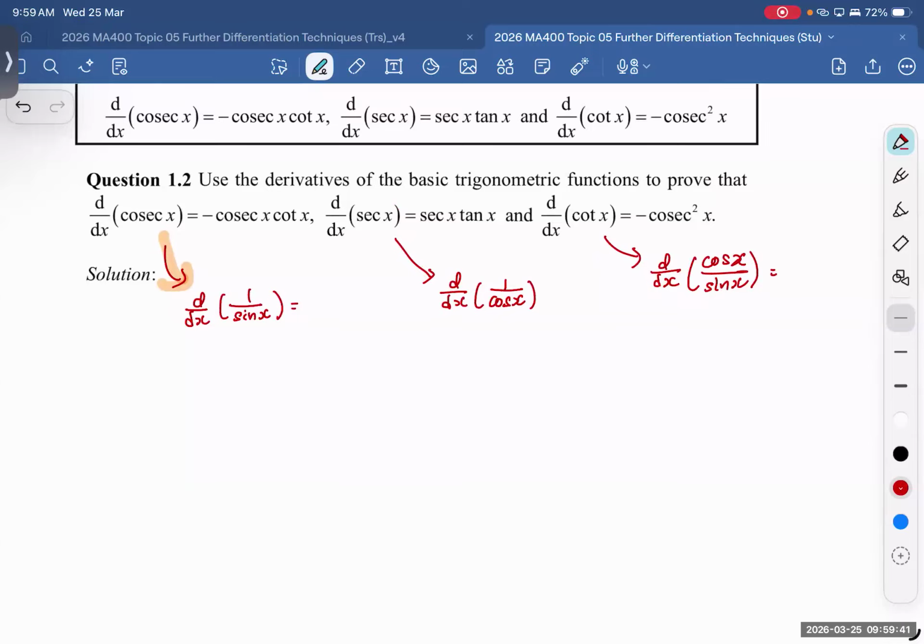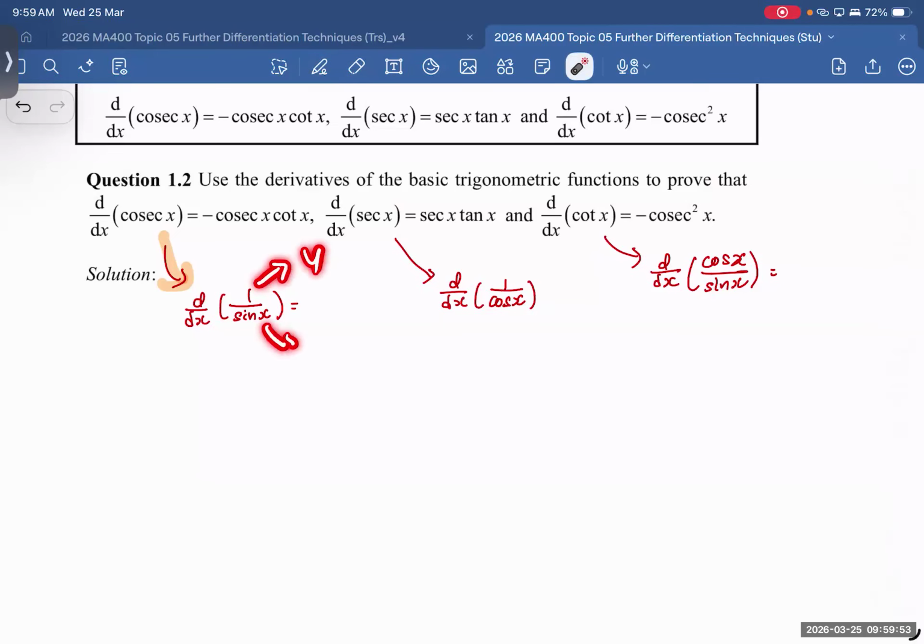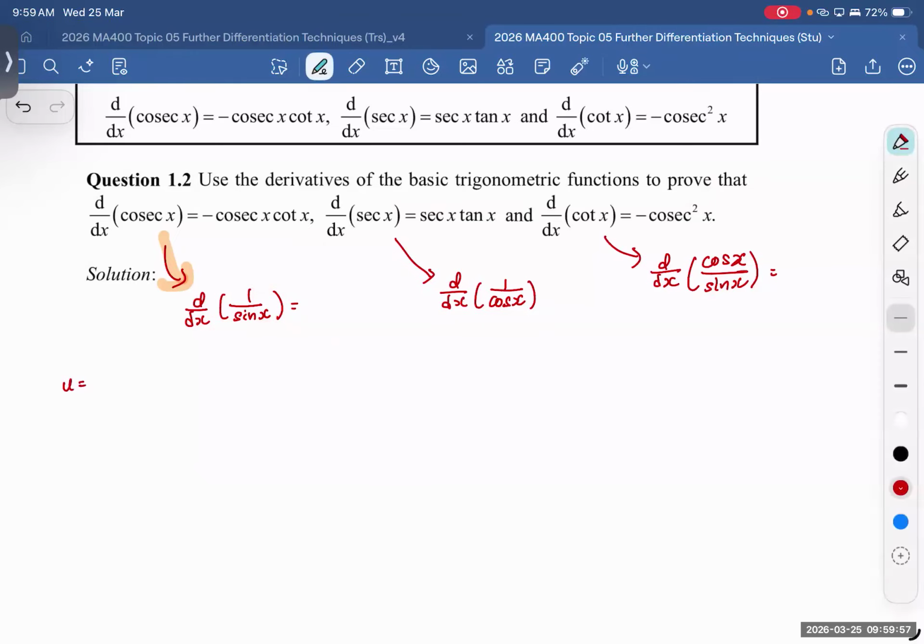No. Let me show you the first one. Okay, so first one. Just think of this as u and think of this as v. If you write u here as 1, v as sine x, you will know that u prime will be 0, v prime will be cosine.